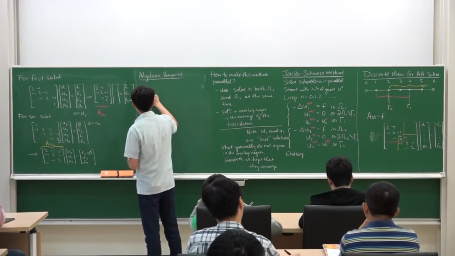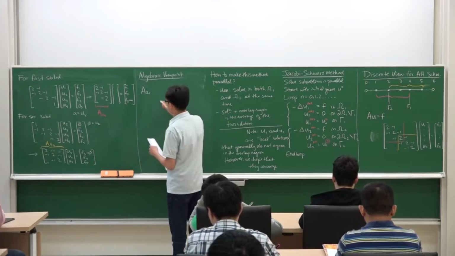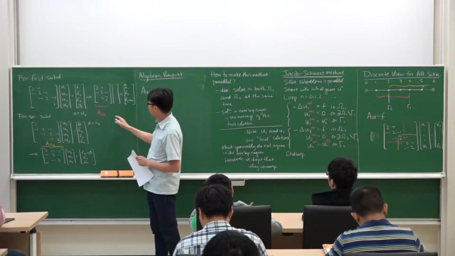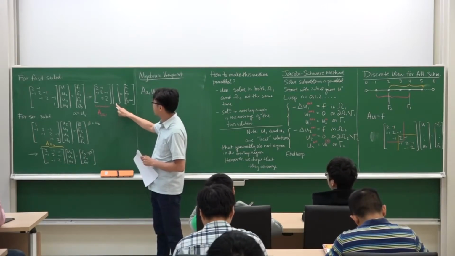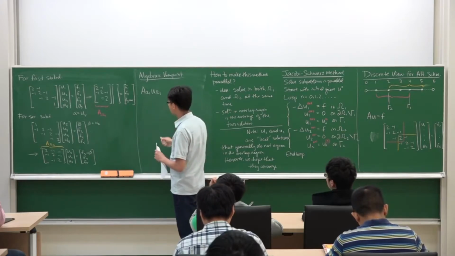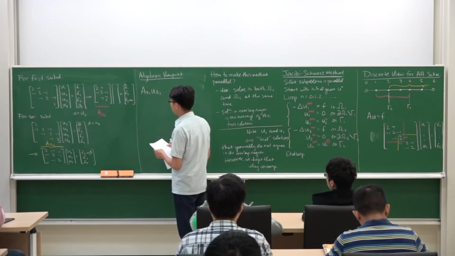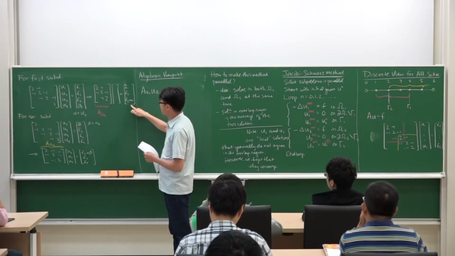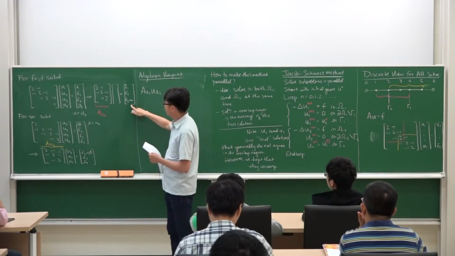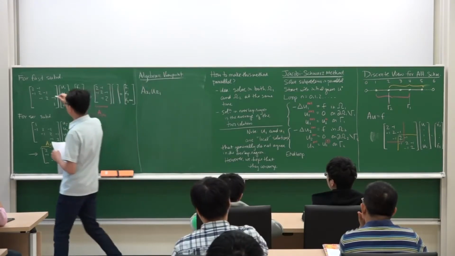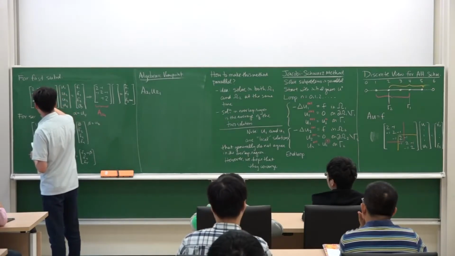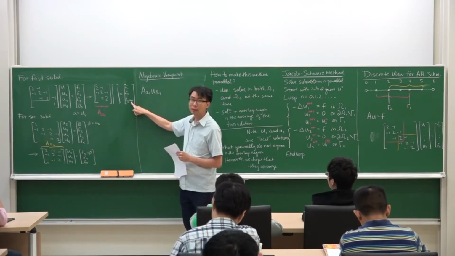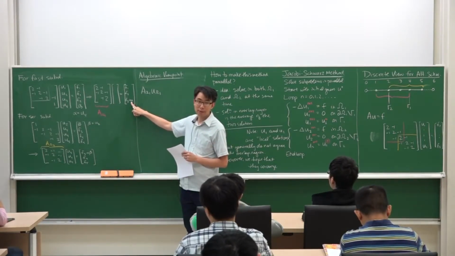Let's write down the two equations. So A omega 1 times u omega 1 equals, and that's going to be, okay, so I want to write f omega 1, but f does not include the alpha.